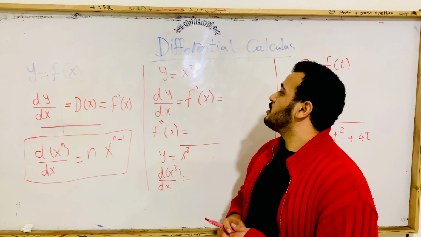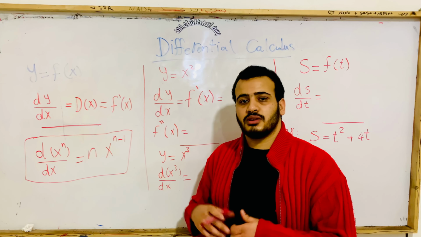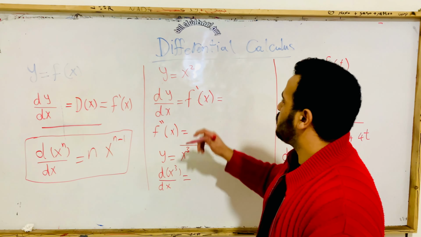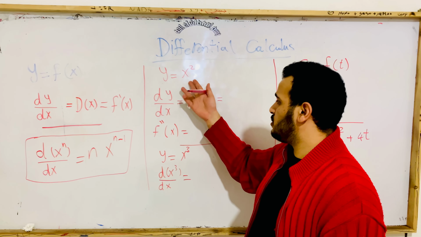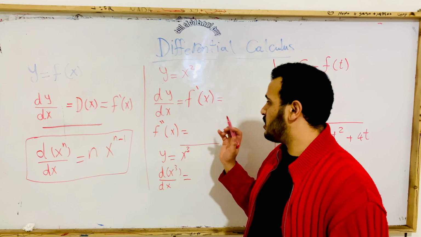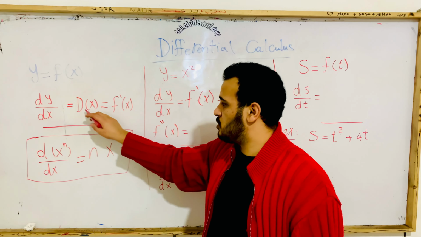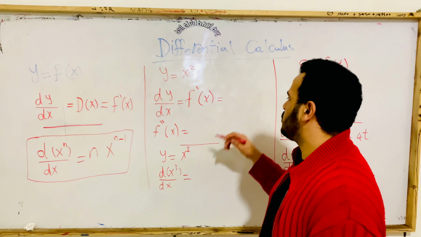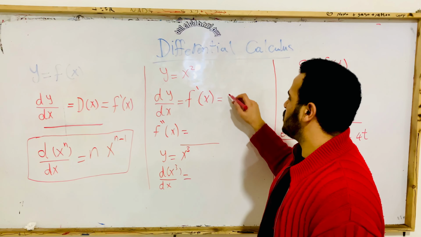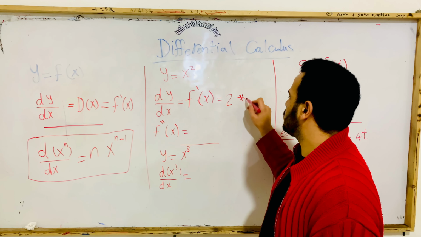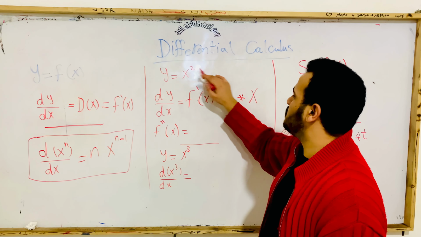Let's see how we can do that on examples. Let's say we have y equals x squared. To find the derivative dy by dx, or you can just say f prime x, the n is 2, so it's going to be 2 times the base, which is x, raised to the power 2 minus 1.